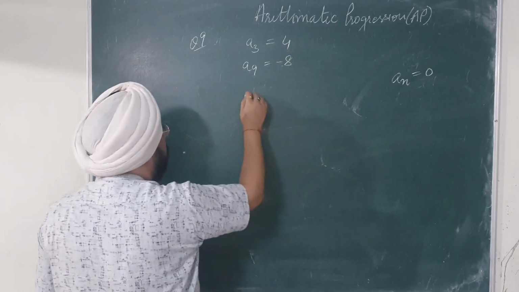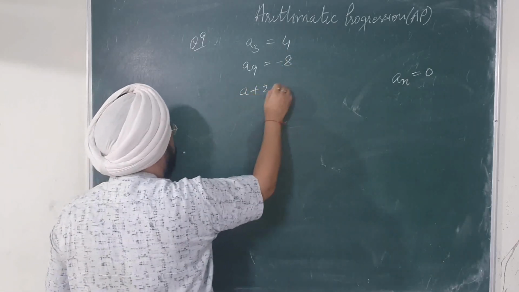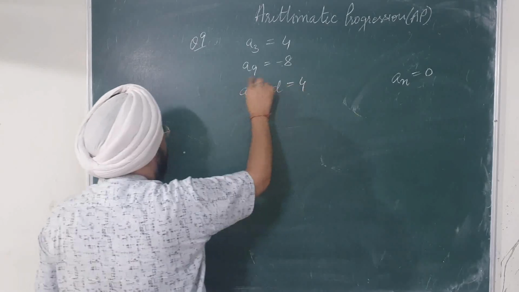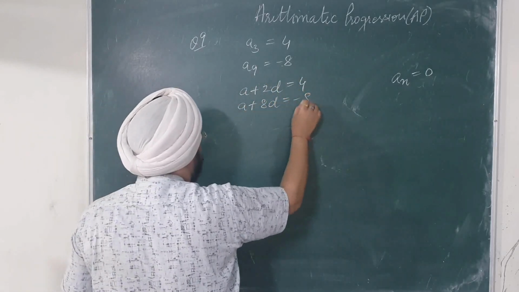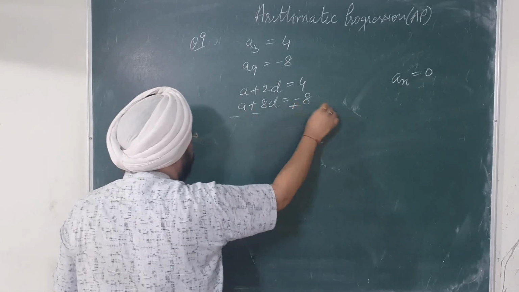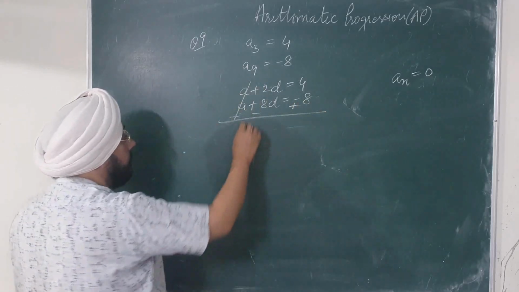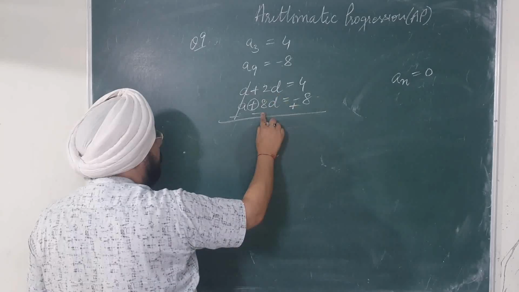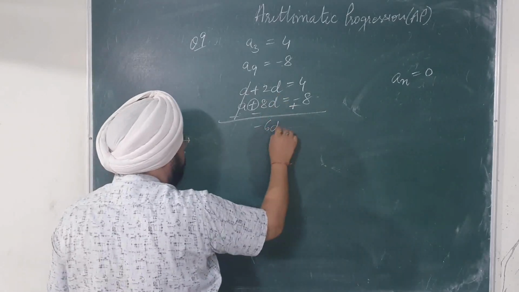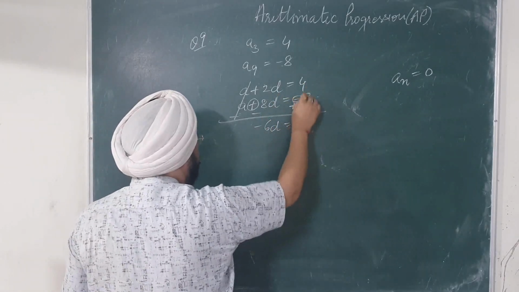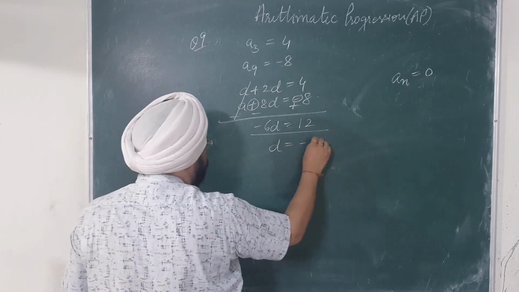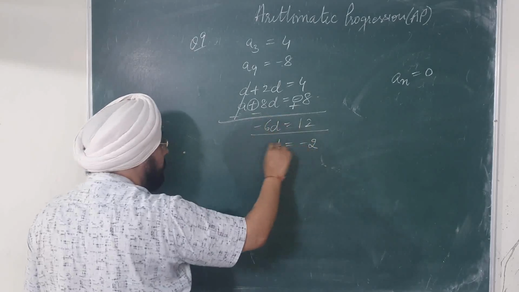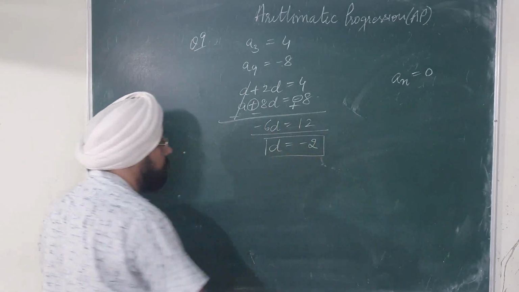First of all, the third term is given, a plus 2d is equal to 4. Then the ninth term means a plus 8d, that is also given. Change the sign, a will be cancelled. So 2d minus 8d is minus 6d. 4 plus 8 becomes 12, so d will be equal to 12 upon minus 6, that is minus 2.